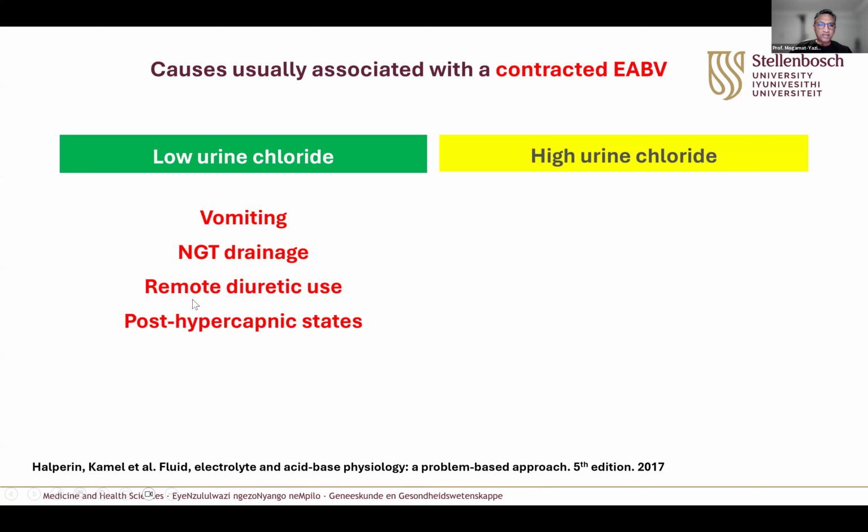Remote diuretic use, in other words, prior use of diuretics, and the so-called post-hypercapnic state. So patients who have type 2 respiratory failure, who are in the ICU, who are ventilated, and they blow off lots of CO2, and they usually have an unmasking of a metabolic alkalosis, the so-called post-hypercapnic state.